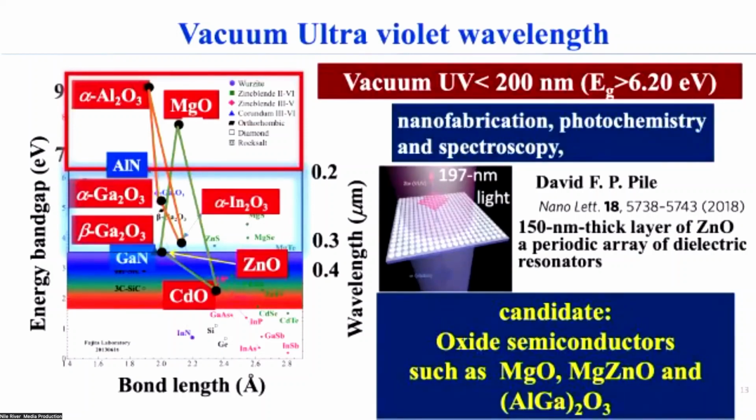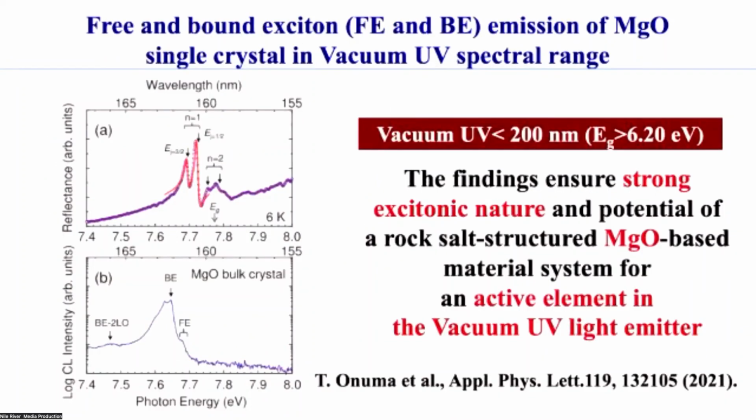The candidate materials are oxide semiconductors, such as magnesium oxide, magnesium zinc oxide, and aluminum gallium oxide. And Onuma-san reported free and bound exciton emission of magnesium oxide single crystals in the vacuum UV spectral range.